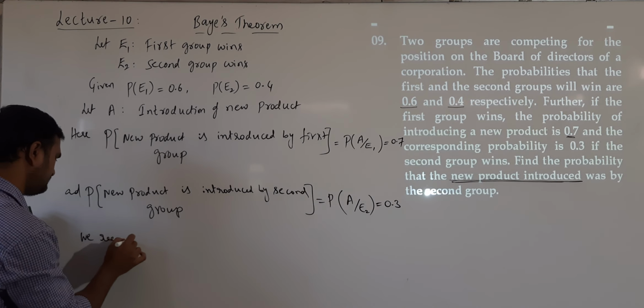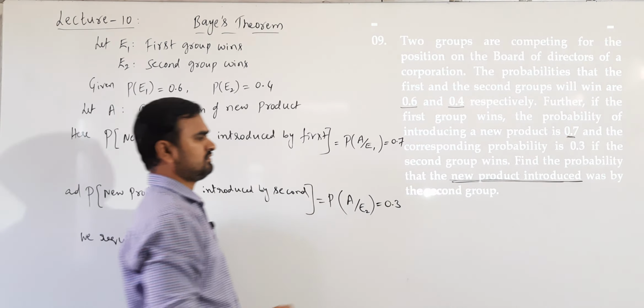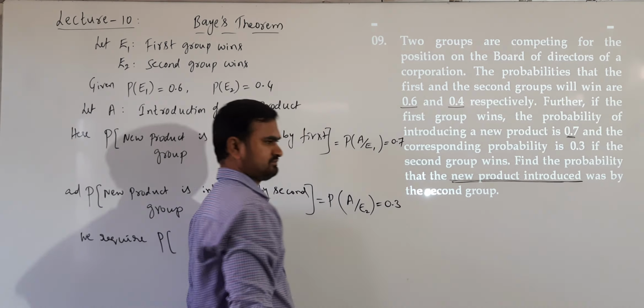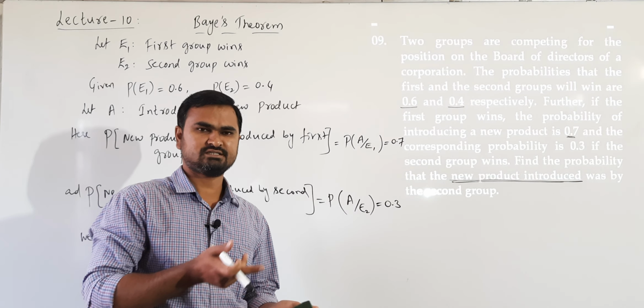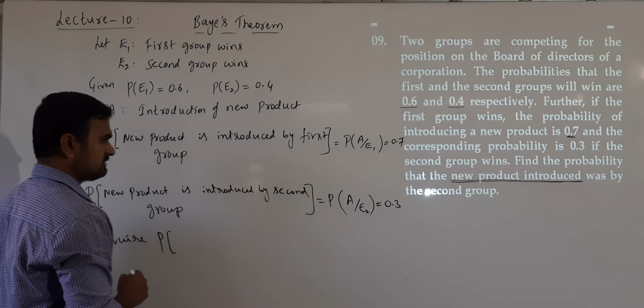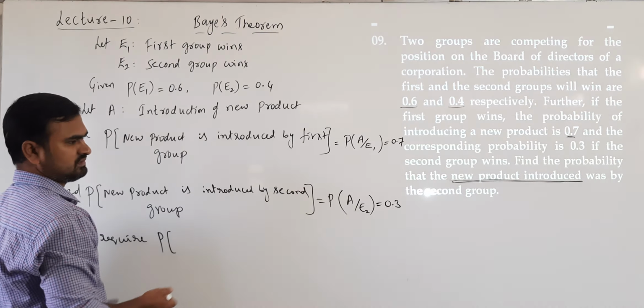Now what we require? We require the probability that the new product was introduced by the second group. So the new product is already introduced. What is the chance that it is introduced by the second group?